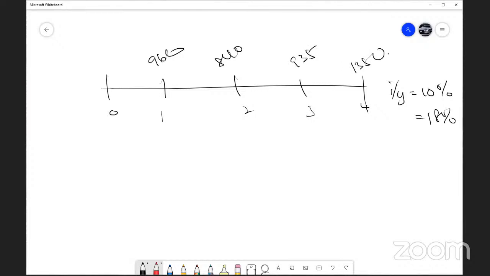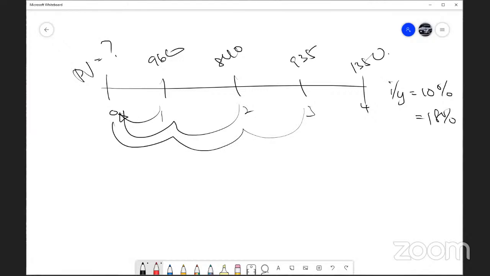You need to find the present value. To find the present value, you discount this backward, discount this 2 years, discount this 3 years, and discount this 4 years. Add up all together, you can get your present value.